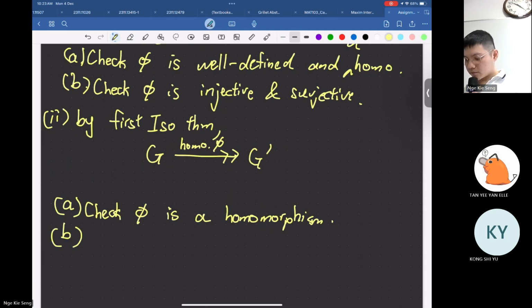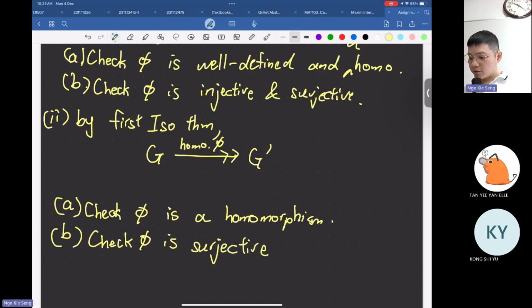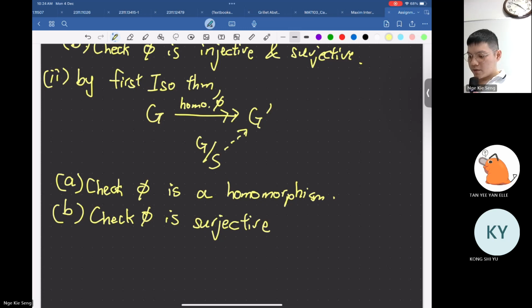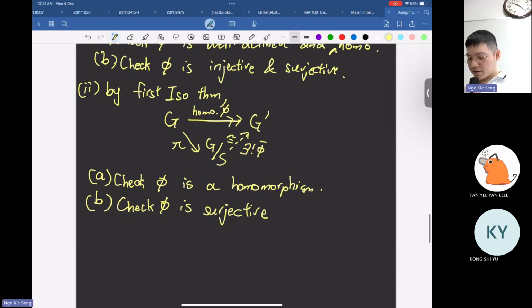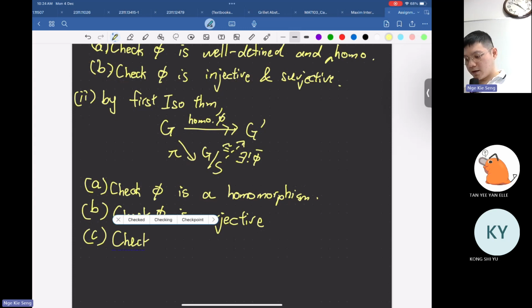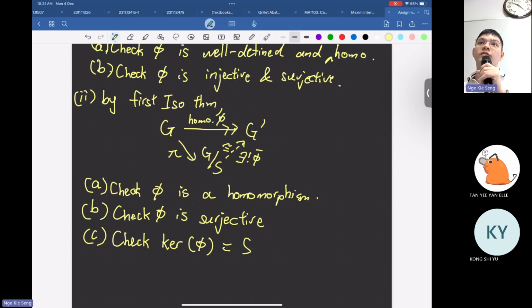B, you need to check phi is surjective. Then how to apply the first isomorphism theorem? You need to check that the kernel of phi is exactly S, and then the isomorphism pops up.